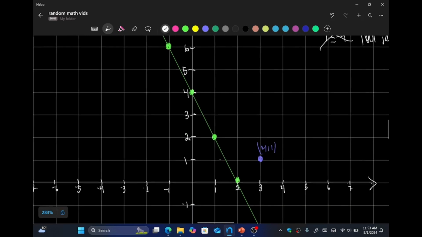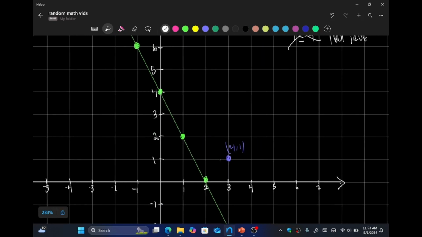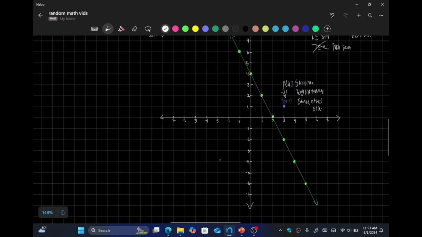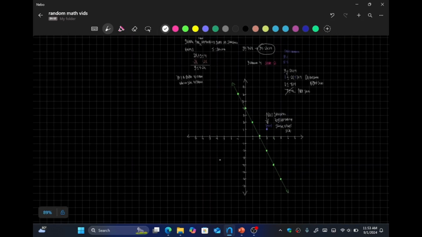So the other choice is to actually shade on the left, right? So shade the other side. So therefore, we would shade this way.